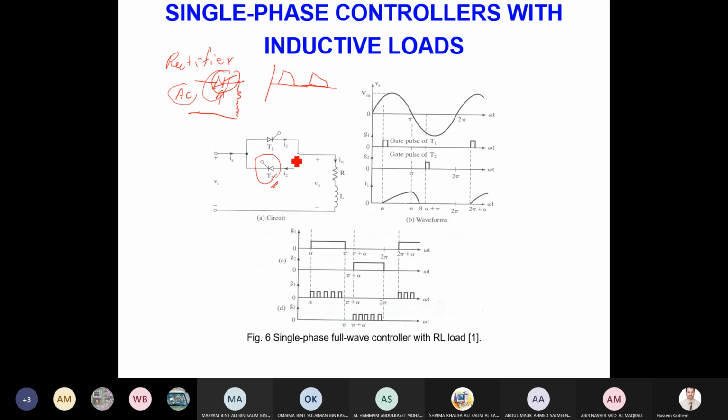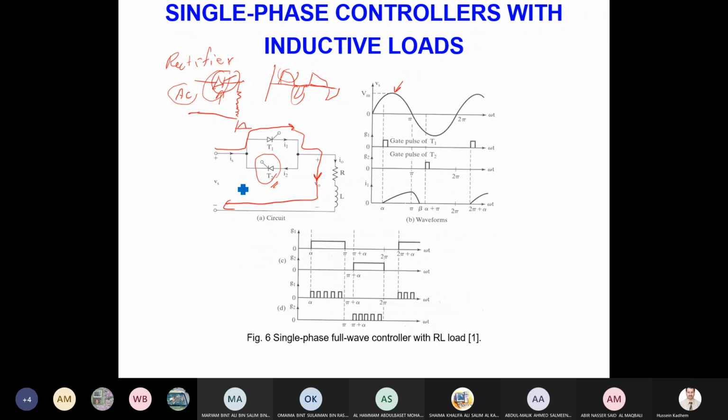That's all. And this will make my circuit work in this way. So it will be positive and negative, not only positive. Now, when we have the positive part, the current will flow through the switch here to the load, back to the supply.